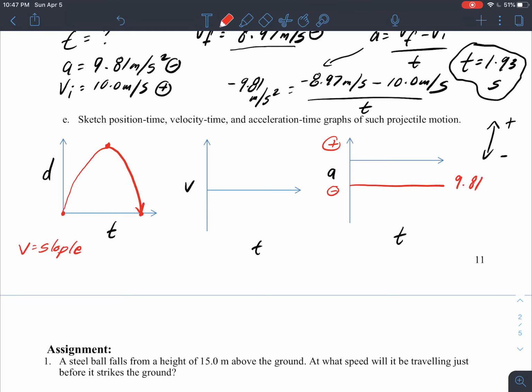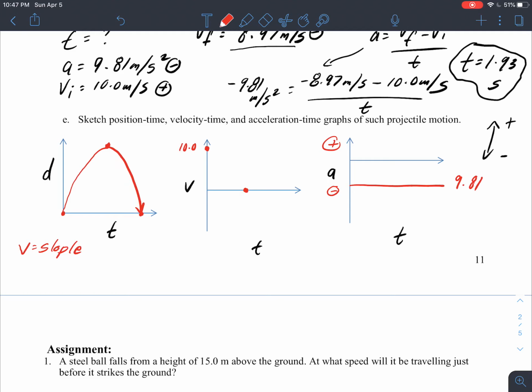If we go over to our velocity time graph, how do we sort this out? Well, we know that at the beginning we have positive velocity. In fact, if we had to write a number in here, this would be 10, because it's 10 meters per second up. We know that velocity is going to decrease to 0 at the peak, and that happens at the halfway point.